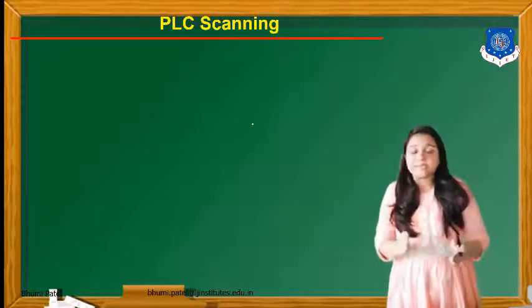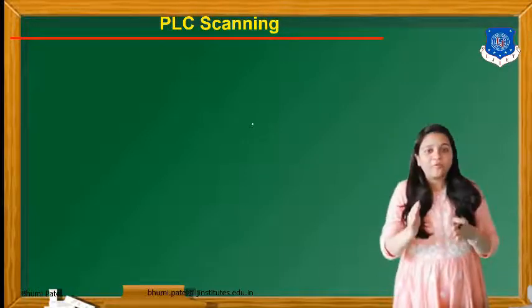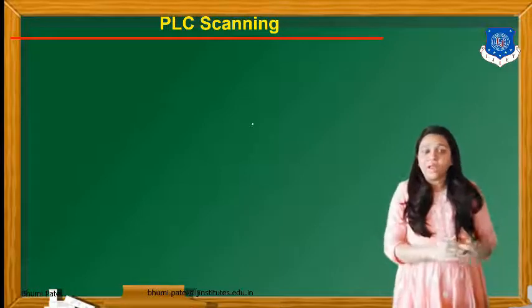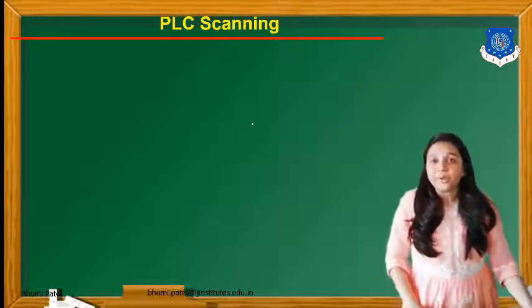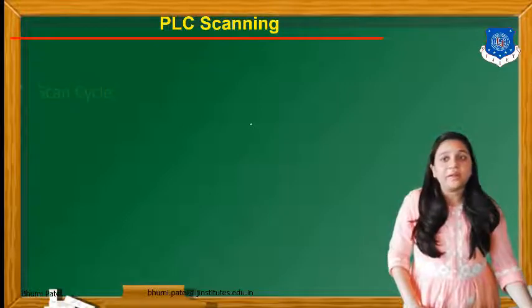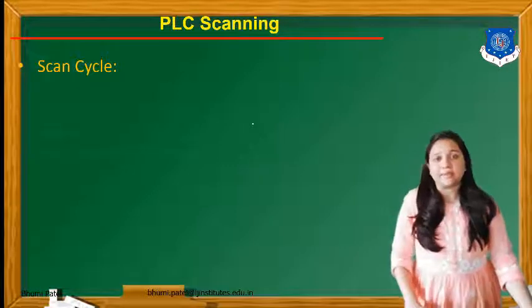Now the PLC scanning starts rung by rung, from left to right, and from the top rung to the bottom rung. So what is the purpose of PLC scanning for the ladder diagram? First of all, we need to know what the scan cycle is.